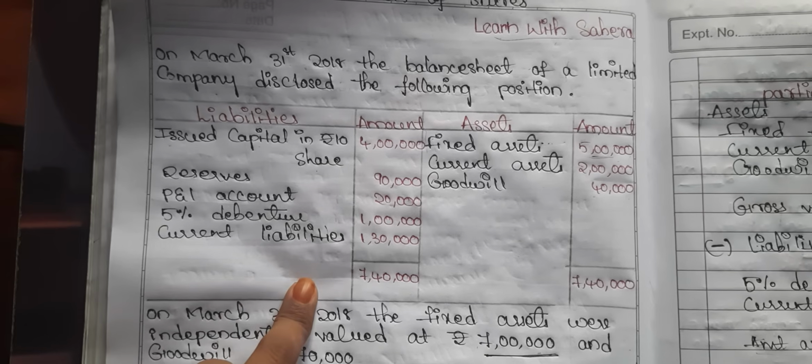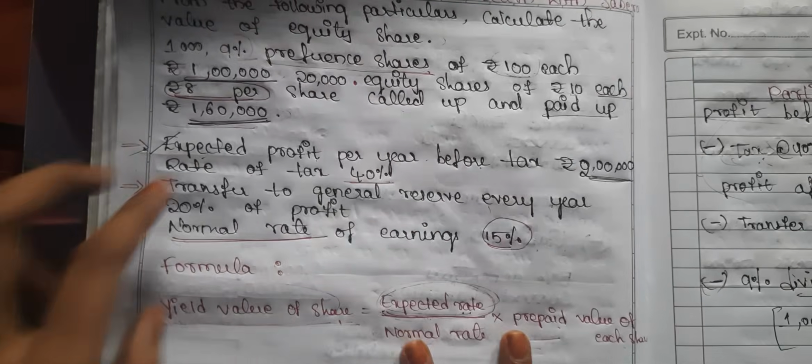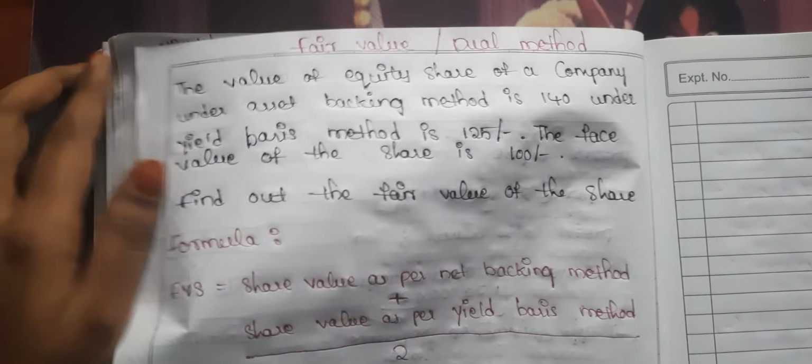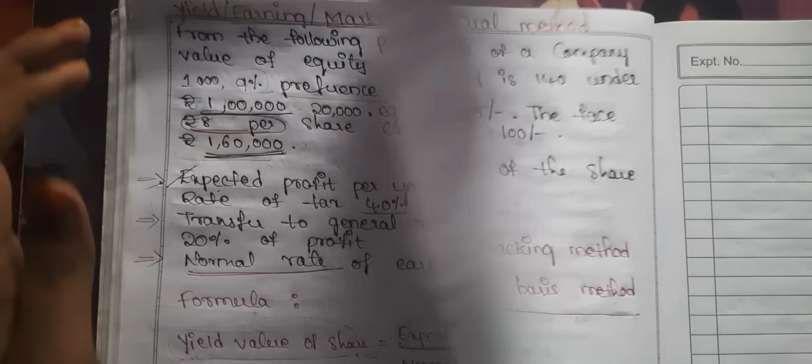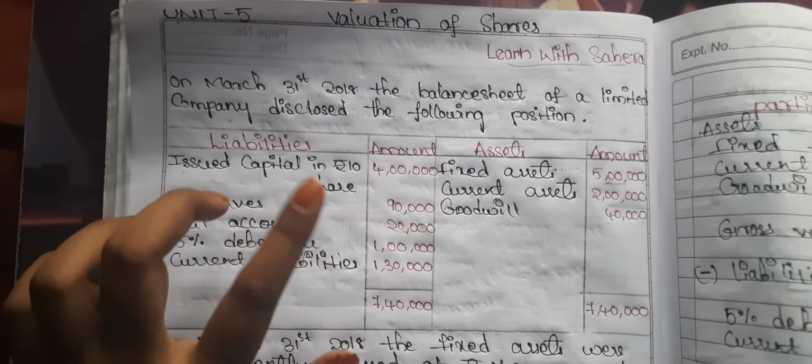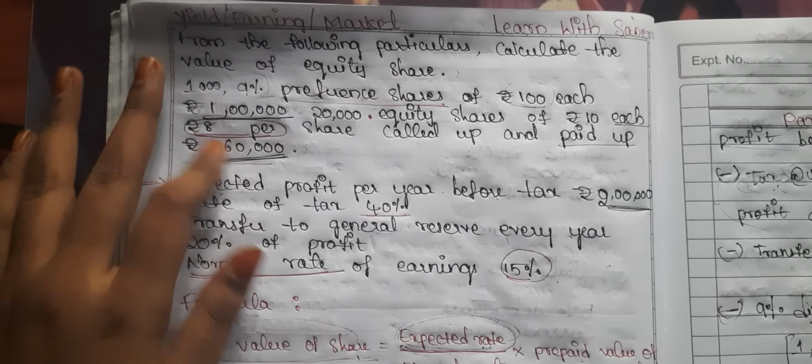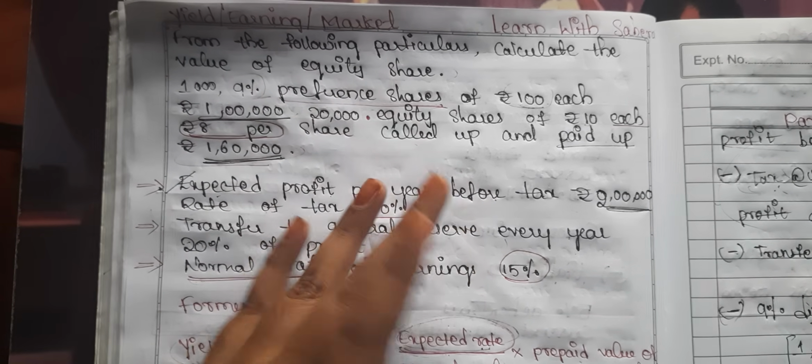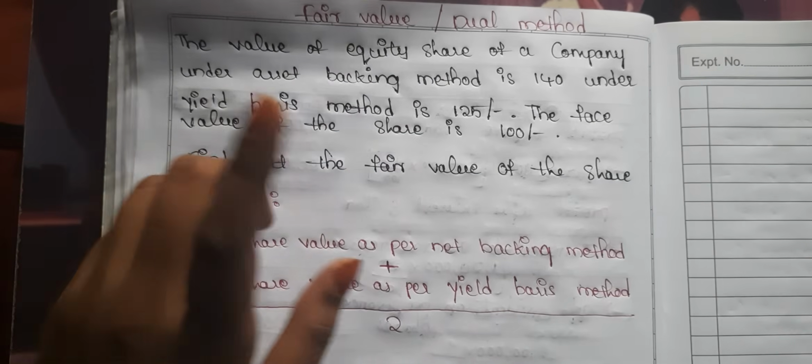If you are perfect with the net asset value and you are perfect with this yield value, you will be doing fair value. They will be giving you the question per net asset or yield value, and they will also ask you to find out the fair value method.